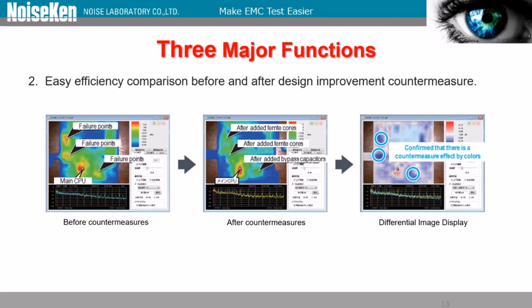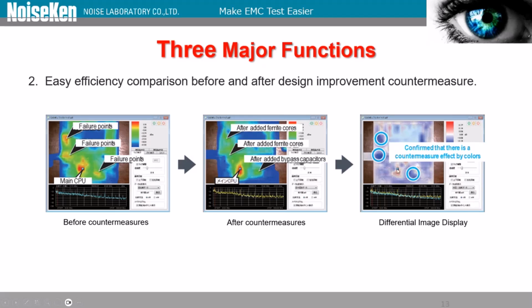So this is another very useful function: easy efficiency comparison before and after design improvement countermeasures. Just now Romy has presented the details, so I'm not going to talk more about them. Before you make countermeasures, you measure again. After you make the countermeasure, you measure again, and this system will give you a differential image display, telling you, okay, you solved the problems in this area.